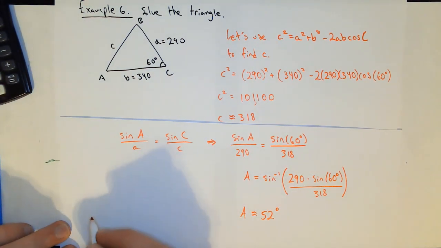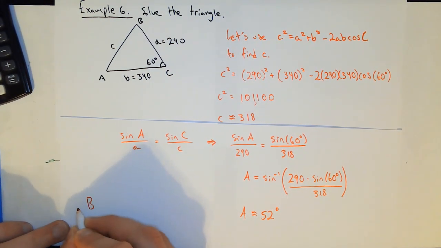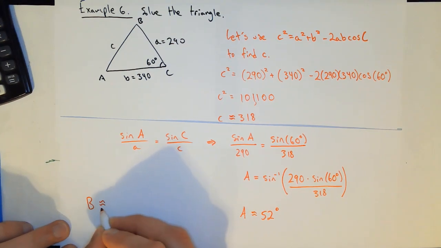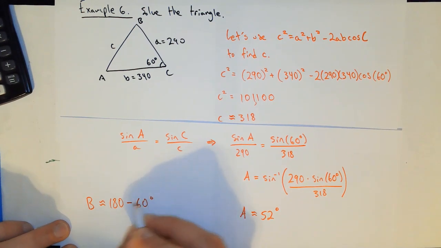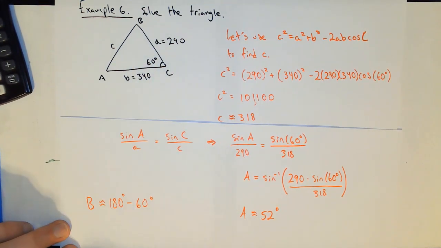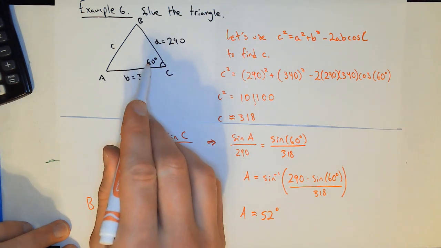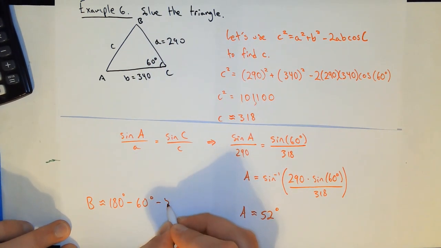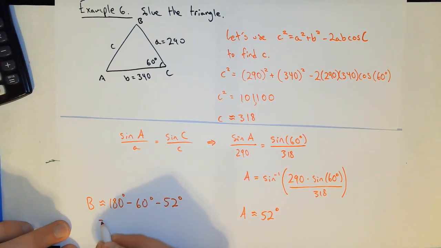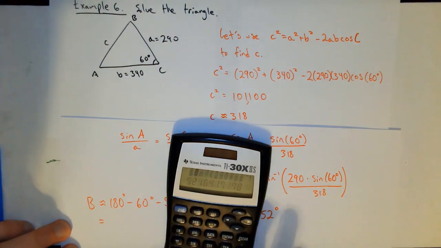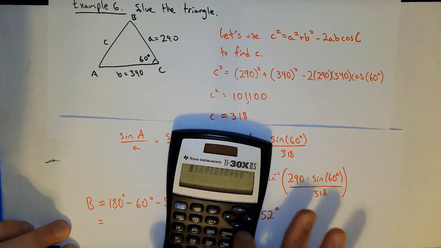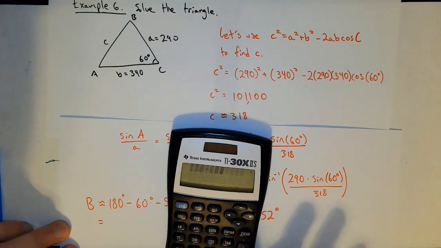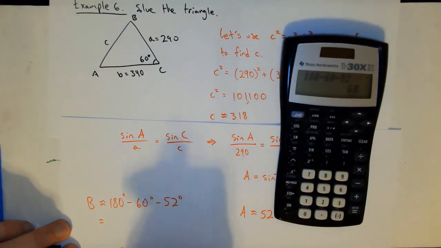Well, angle B should be approximately equal to 180 minus the given angle, angle C, and then minus angle A. So 180 minus 60 minus 52, which is 68 degrees.